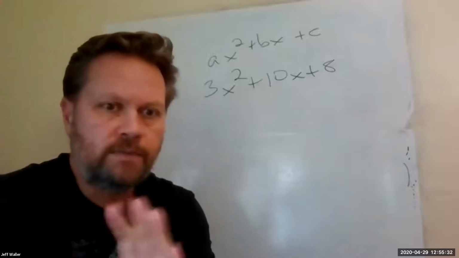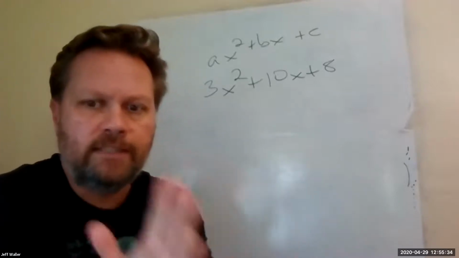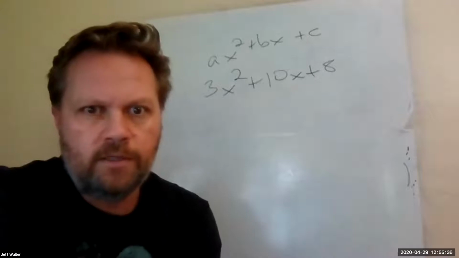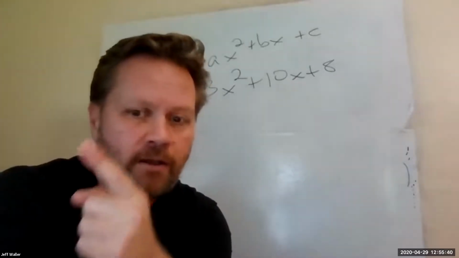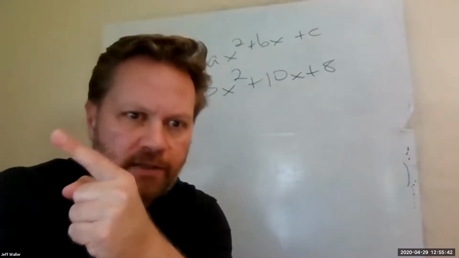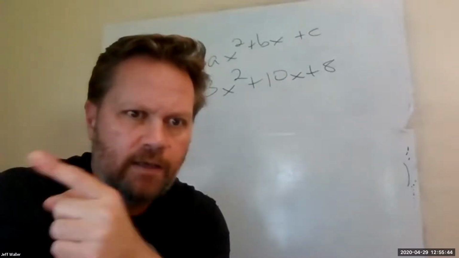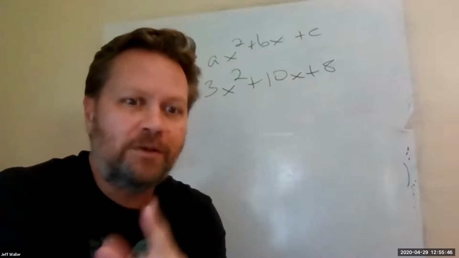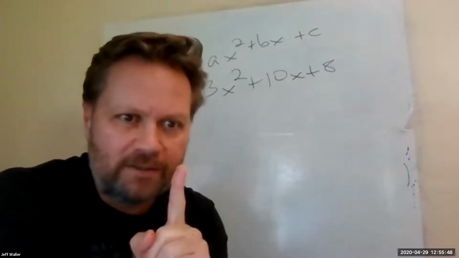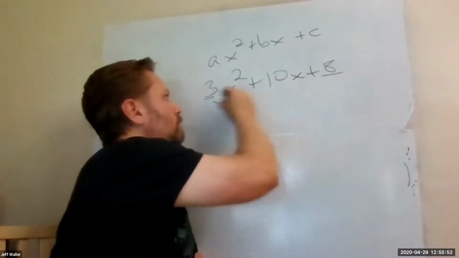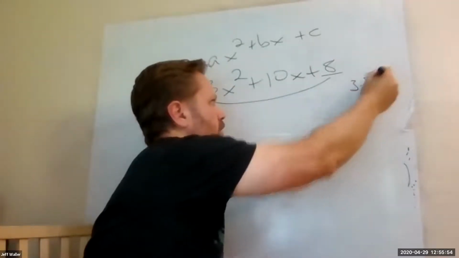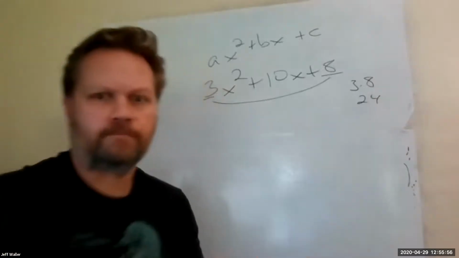So sometimes this method is called the AC method, because the very first step, based on what we saw in the first part of the backside of this handout, when the first number is not a 1, is we take a times c. 3 times 8, 24.